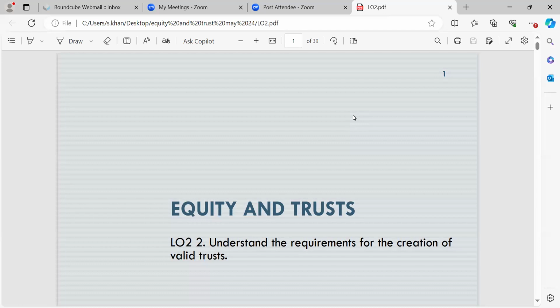We then went on to look at 1.1, which was to explain key historical events leading to the development of equity. And we looked at how common law came about and then equity was implemented and how they work together as well. But we also looked at why equity was brought about.